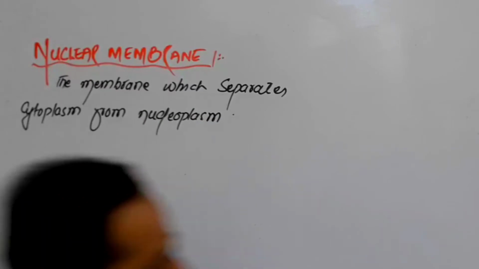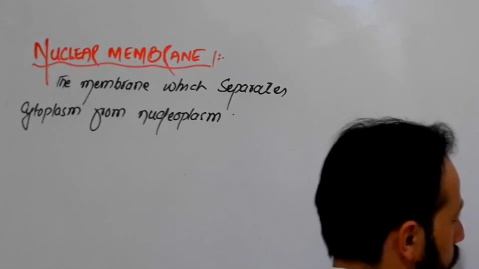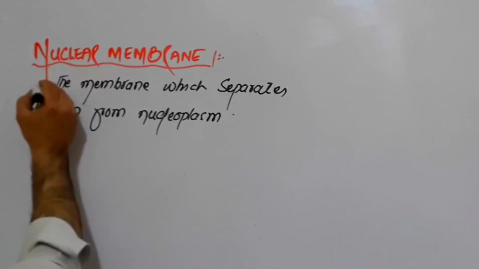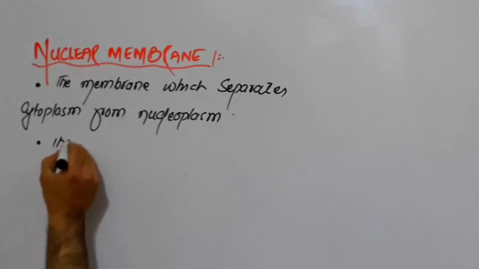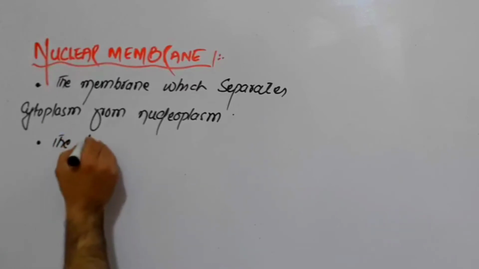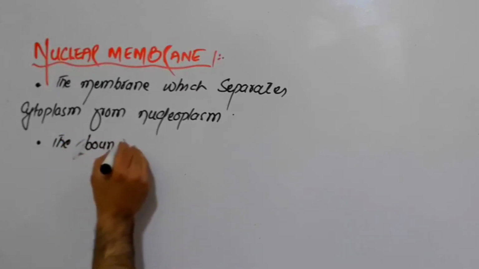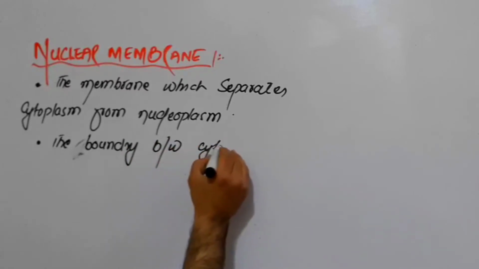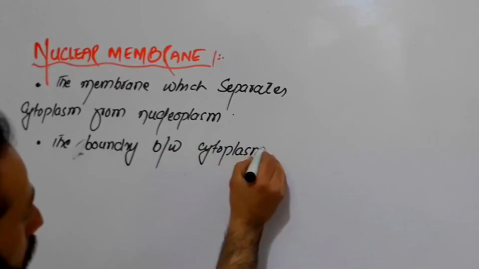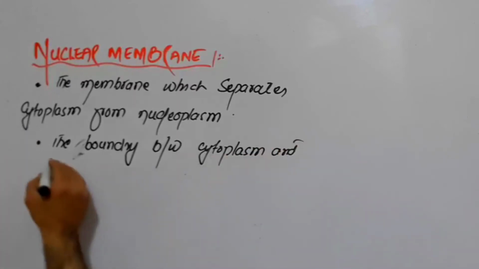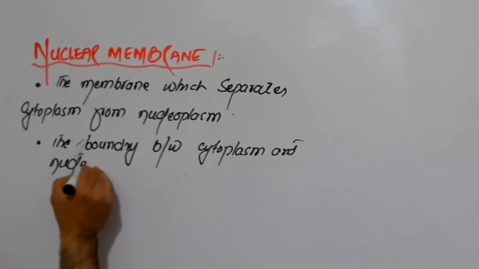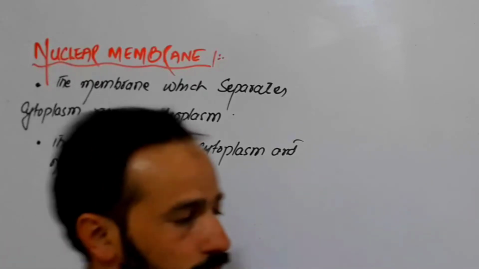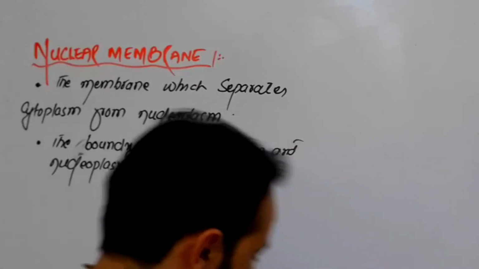The membrane which separates the nucleoplasm from the cytoplasm, or we can also say the membrane or the boundary between cytoplasm and nucleoplasm is called the nuclear membrane, right? This is its definition.